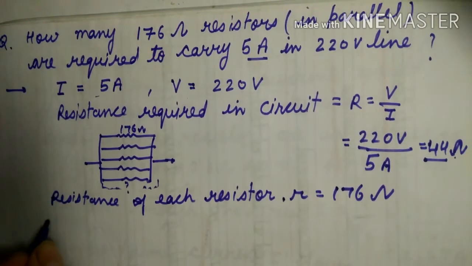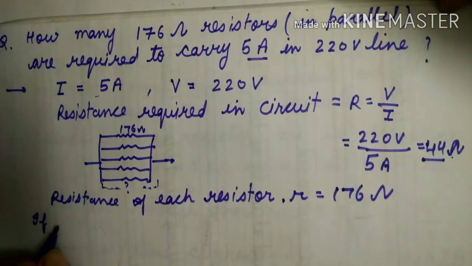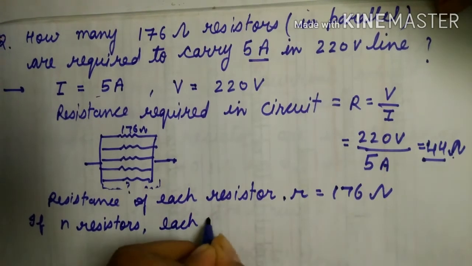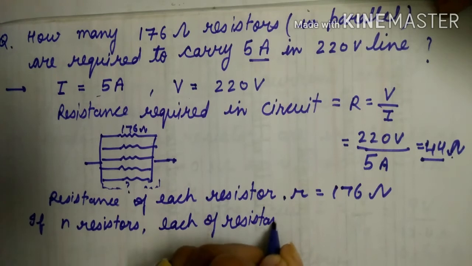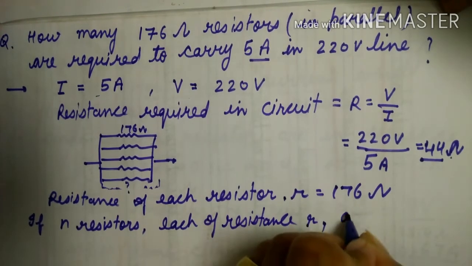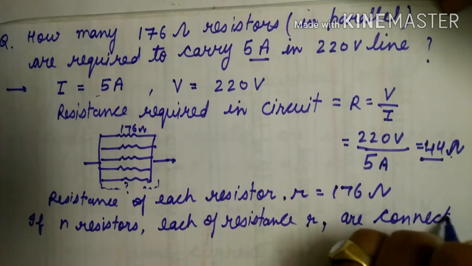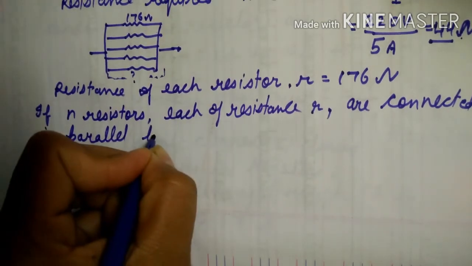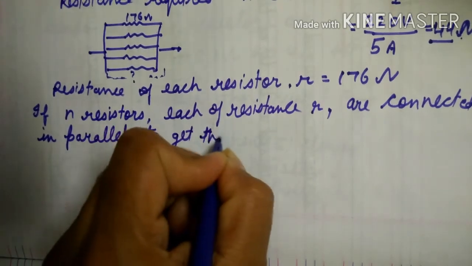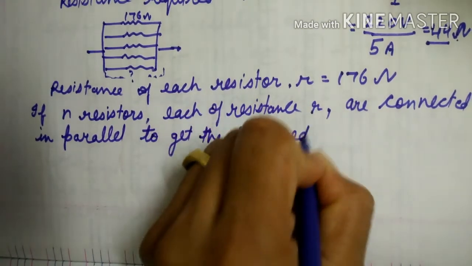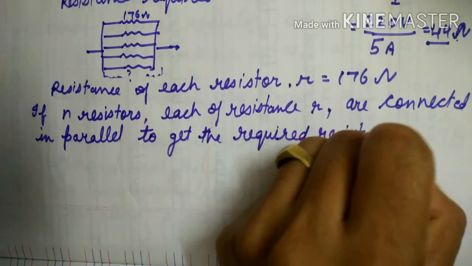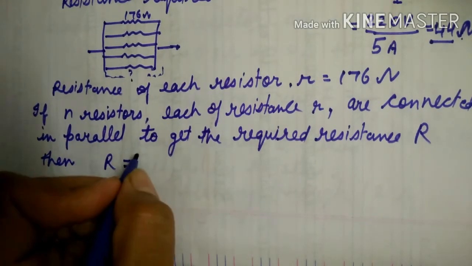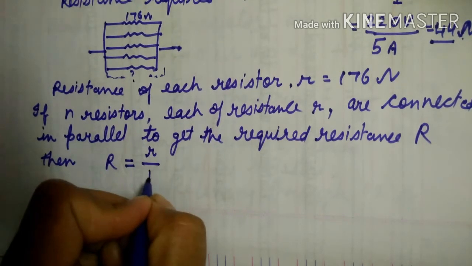Now if n resistors, each of resistance r, are connected in parallel to get the required resistance R, then total resistance R will be r upon n.